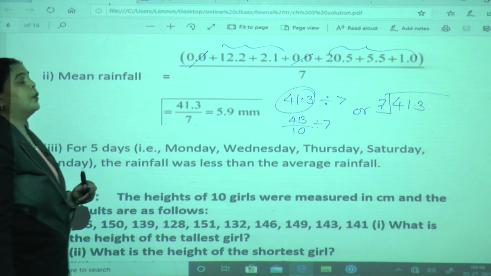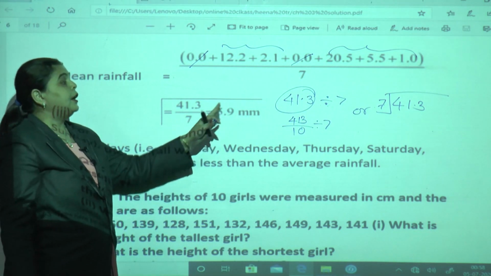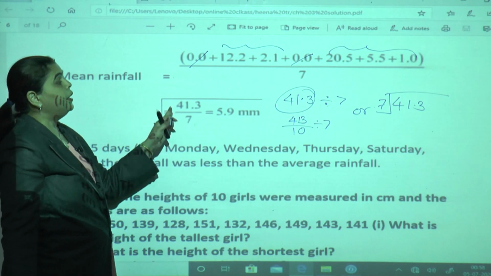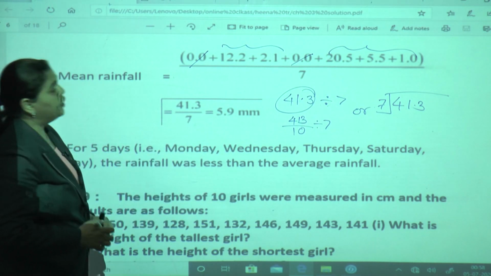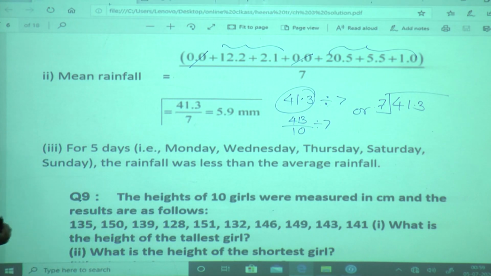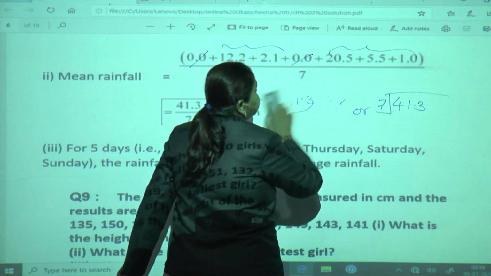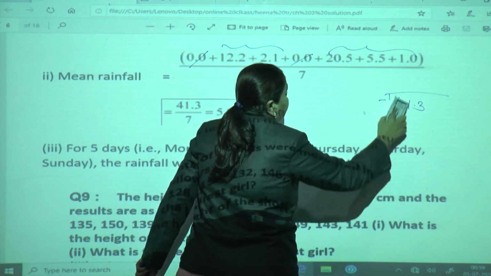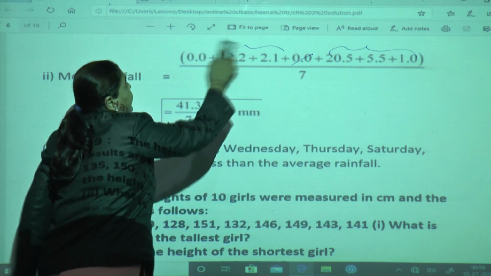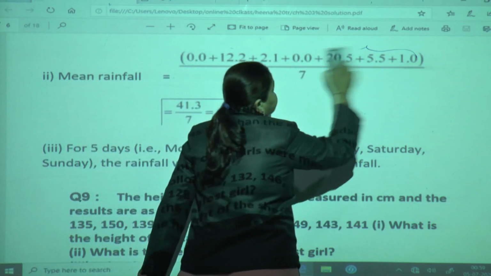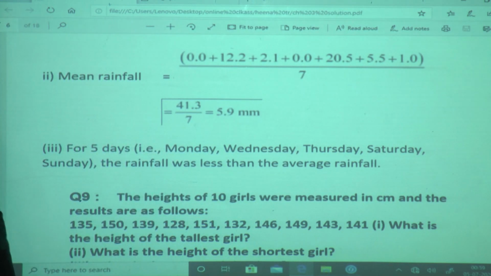You can use both methods and find the mean rainfall over the 7 days. When it is a decimal you have to write the decimal properly without forgetting, and write the units as given, whether in centimeter or millimeter.